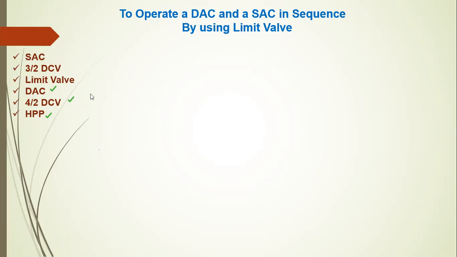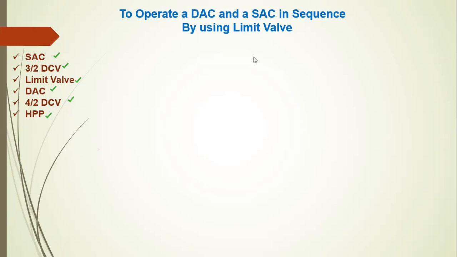Then, to operate the DAC and SAC in sequence, first we operate the double acting cylinder, then the single acting cylinder. In between we require one limiting valve, then one 3 by 2 direction control valve, and then we operate the single acting cylinder.